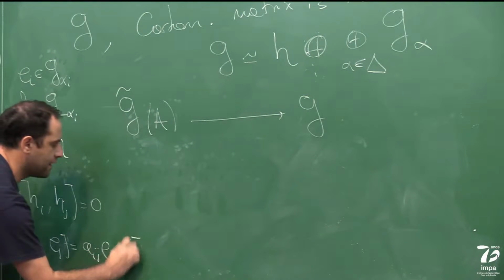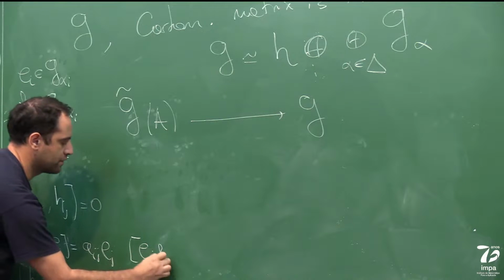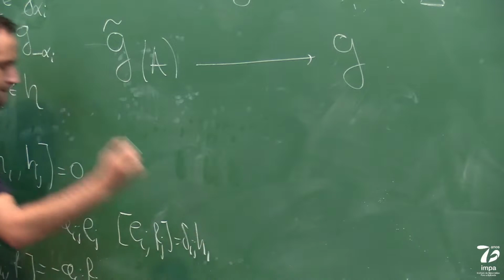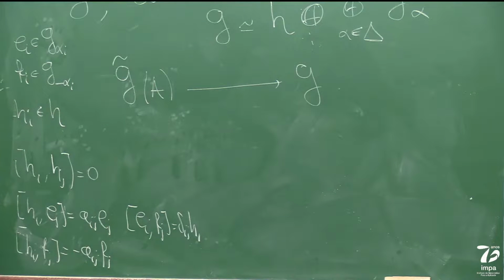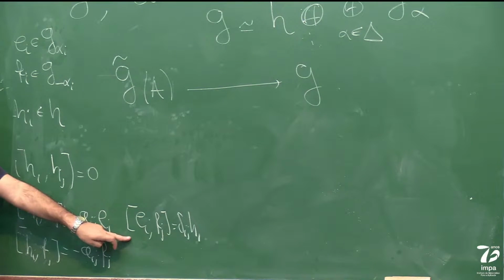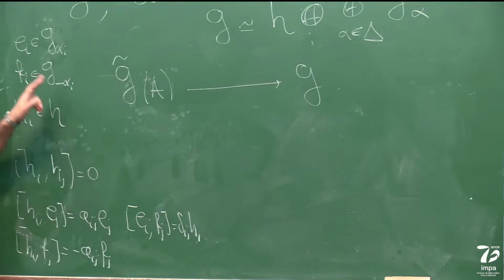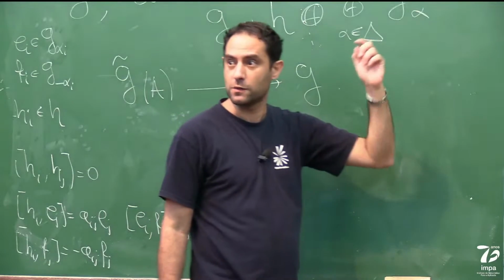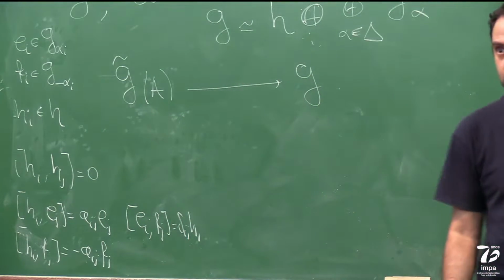And we can always find them satisfying this equation. The only one that is non-trivial is the last one. And you get this by the fact that these spaces are one-dimensional and they are orthogonal, which I suspect Jethro must have proven already.